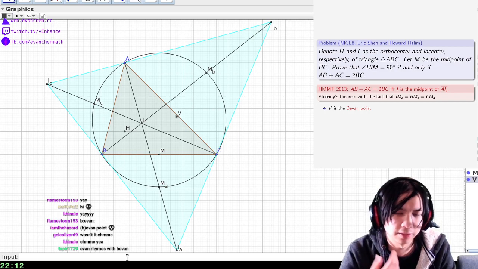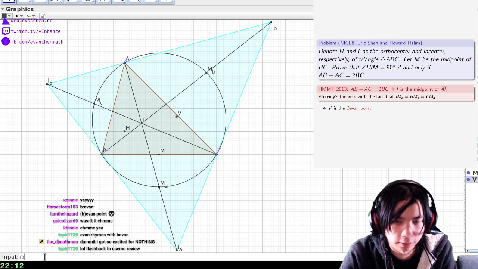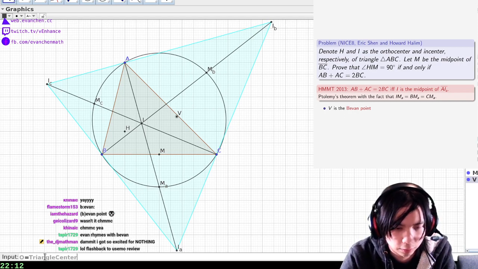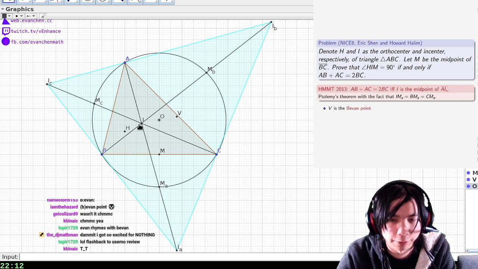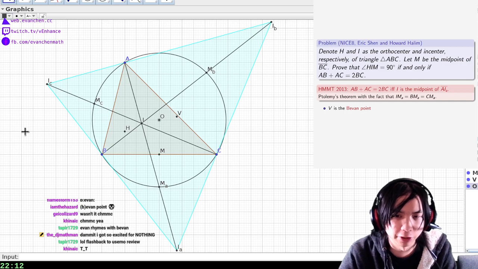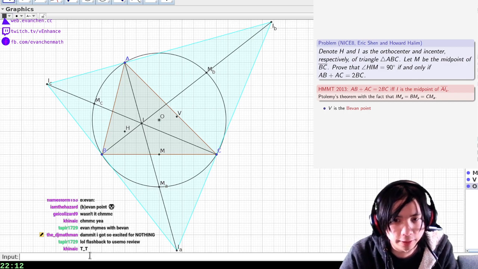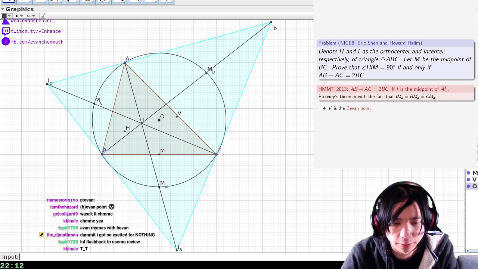But because it's defined that way, for example, you know it's on line, let me introduce ABC3. You know it's on line IO because IOV is the Euler line of that big triangle. So that V is there, and that's pretty good. The other nice thing is that I_B V is perpendicular to AC.